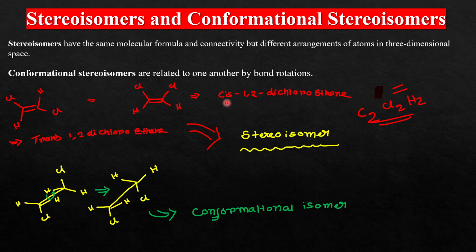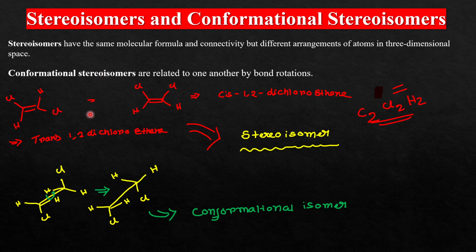But one thing here: in the case of conformational isomers also, the arrangement of the chlorine atoms in three-dimensional space is different in this trans and this cis form. But the major difference between conformational isomer and stereoisomer is that trans 1,2-dichloroethane cannot be easily converted into cis 1,2-dichloroethane.